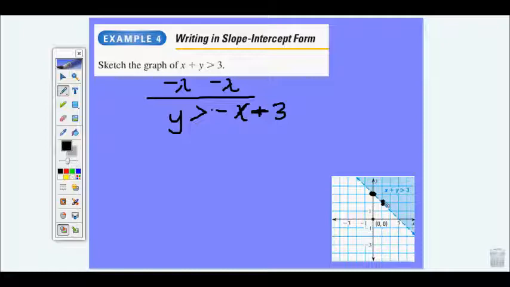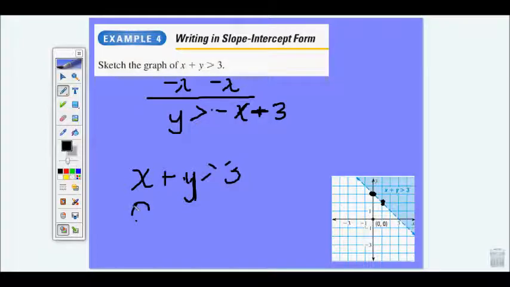Now, making my line, I'm going to notice my inequality symbol, which is just a greater than. So I need to make sure that my line is a dashed line. And then my last step, go ahead and substitute back into the original equation. I'm going to write that down here again so you can see what I'm doing. That 0, 0 origin point.